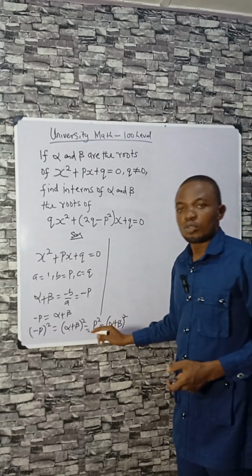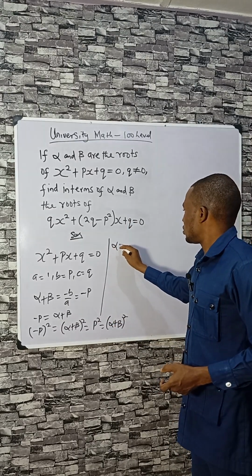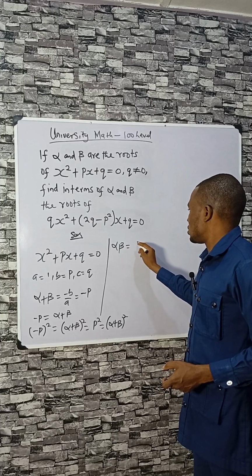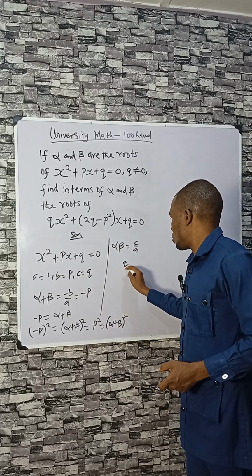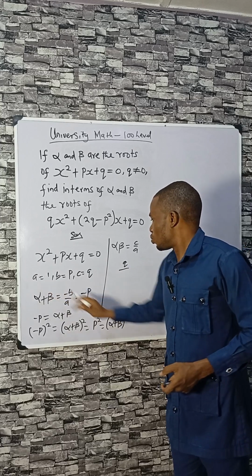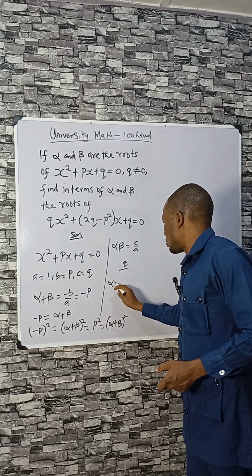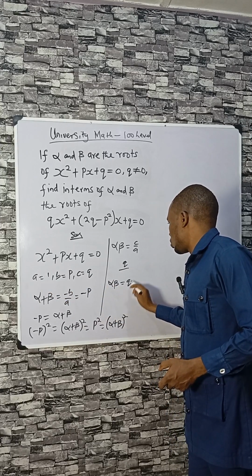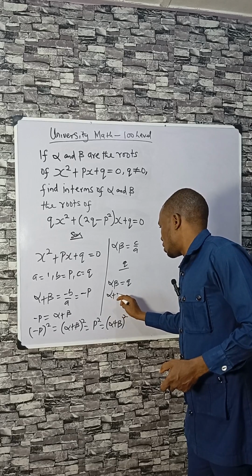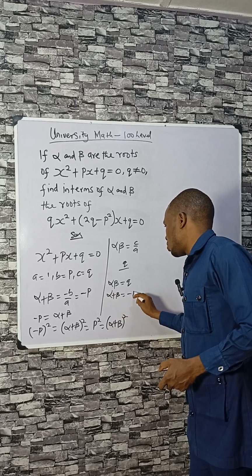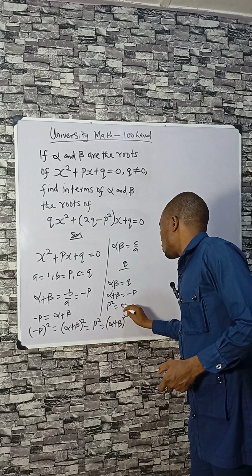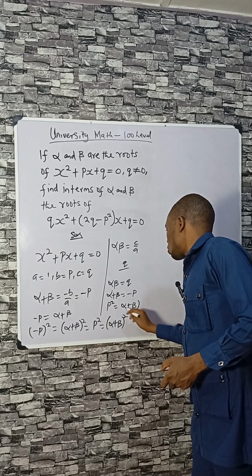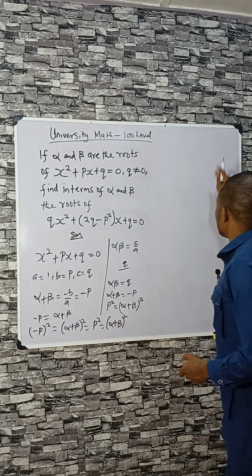Then let's try the product of roots. That's alpha times beta, given by c over a. So c here is q, a is 1. That means alpha times beta is q, while alpha plus beta is minus p, and p squared is alpha plus beta all squared. We will need this, so I have to write it.